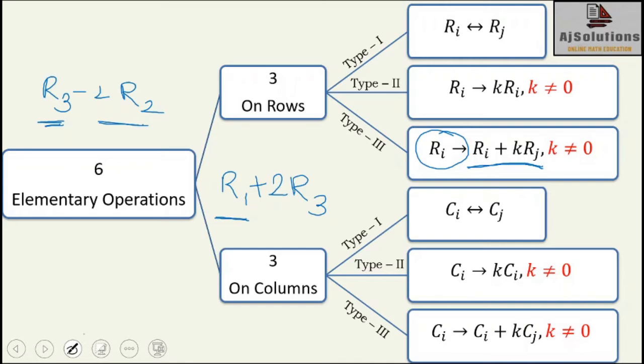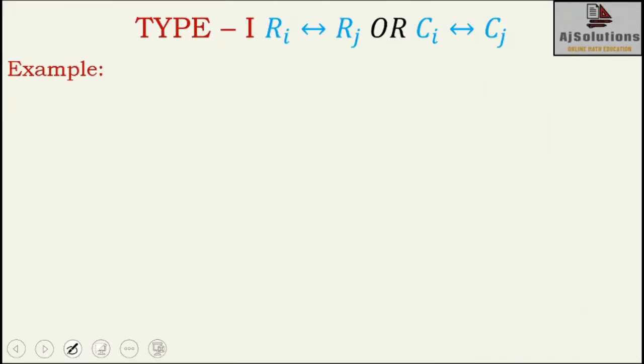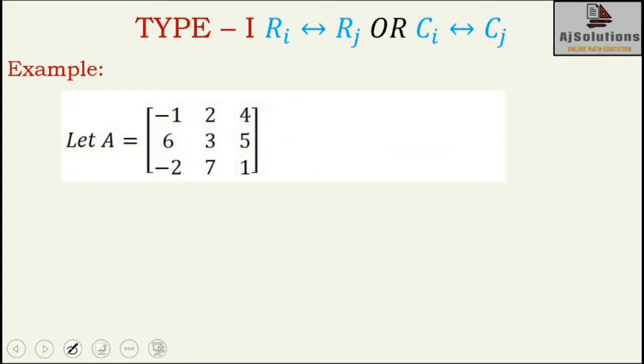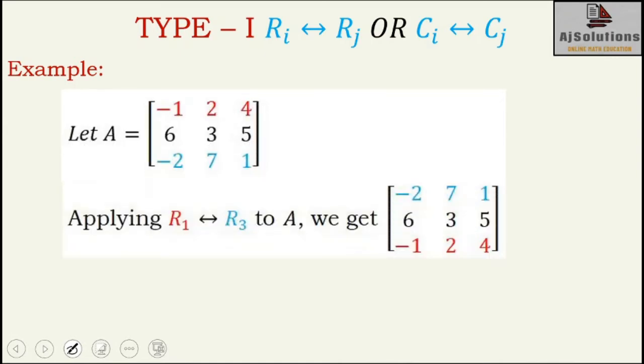So let's see an example of type 1 transformation. Here we have a matrix A, and I have applied a transformation R1 interchange with R3.